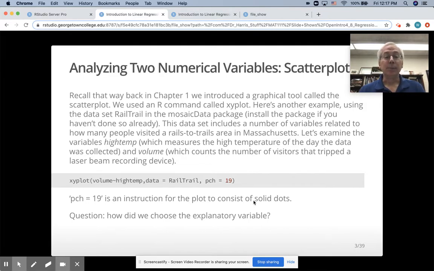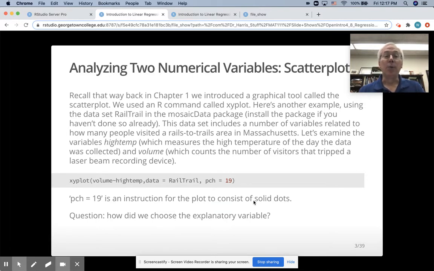And so we're going to go back and look at scatter plots through the command xyplot and learn some more things we can say about scatter plots and our analysis thereof.